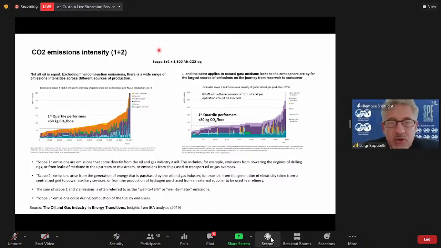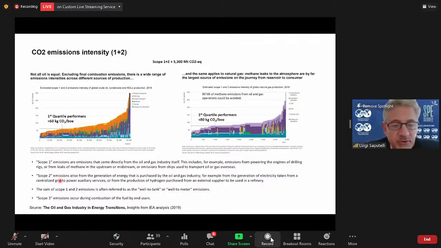Okay, so globally, for scope 1 and 2, there is an estimation of 5,300 million tons of CO2 equivalent per year. Scope 1, I think you have seen this in previous talks, is the emissions that come directly from the activities of generating oil and gas, and includes everything from drilling, transportation, and conversion to taking it to market.